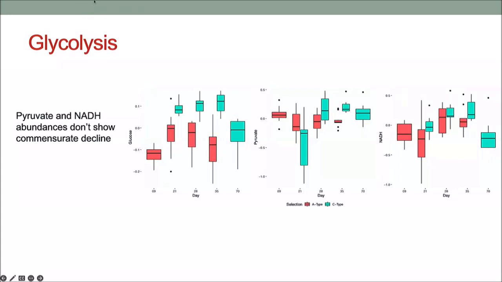But then we notice, even as the glucose abundances are starting to go up, we still have a lot of NADH and pyruvate going on. So what's happening? How are we still having these products? Is there some sort of metabolic remodeling or a shift in what their metabolism is prioritizing with age? That would be the speculation.